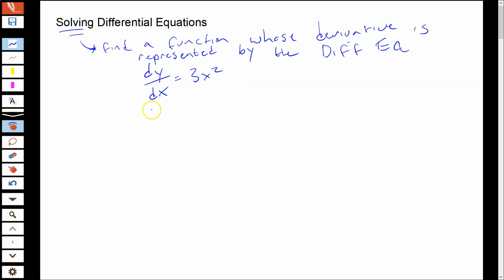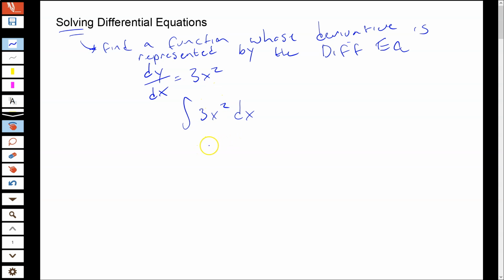Well, that is just an integral. So the solution to this particular differential equation is just the integral of 3x squared with respect to x. There's no y in this equation, so this is a very easy one.